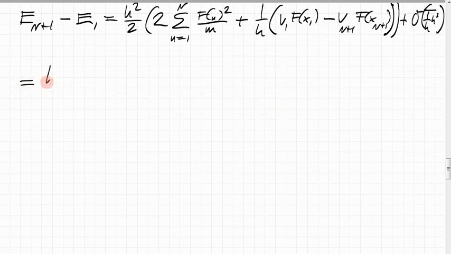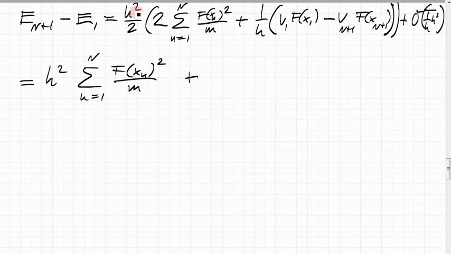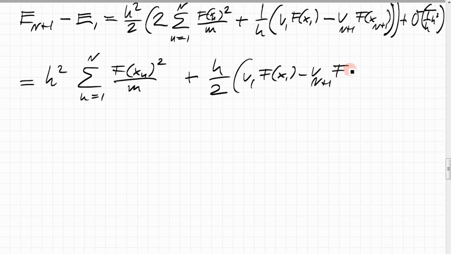This is h squared times 2 over 2, cancels, times the sum n equals 1 to capital M f of xn, I missed an x here, sorry, over m, plus h squared divided by h, so we've just got h over 2 times this difference. Initial velocity times initial force minus final velocity times final force, plus, let me pull that t out of that O symbol, t times something of the order of h squared.